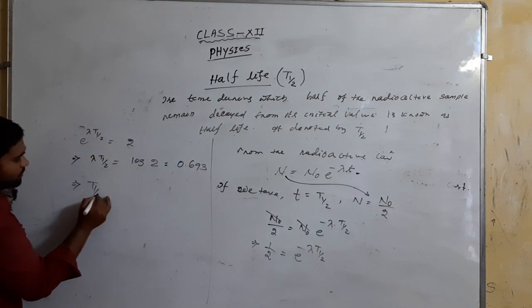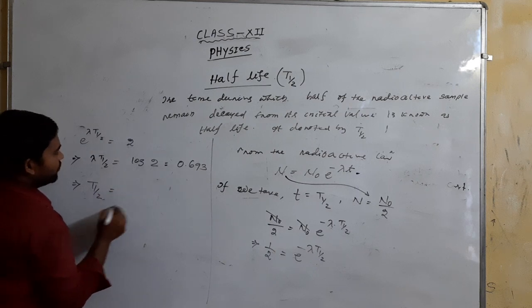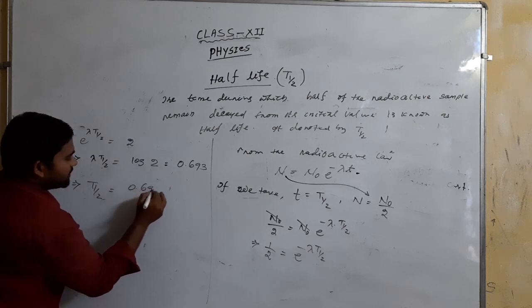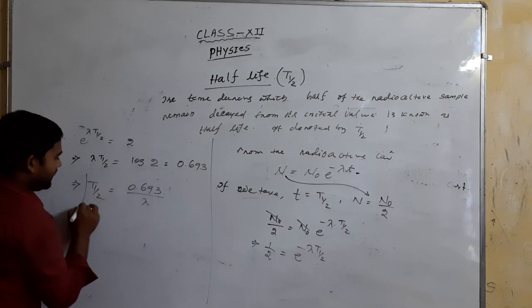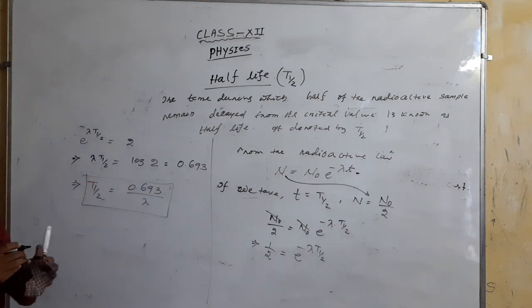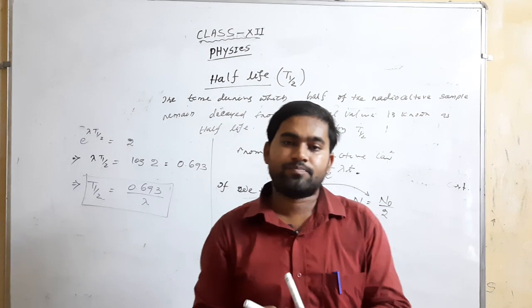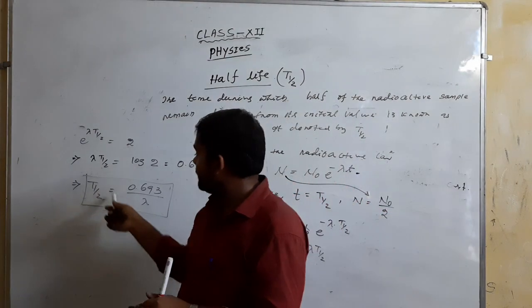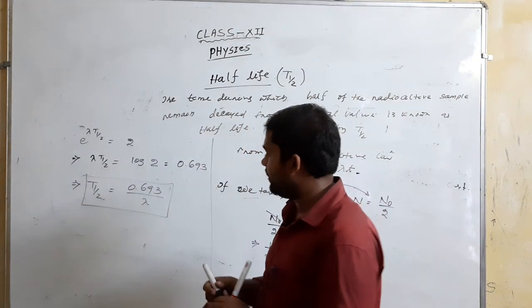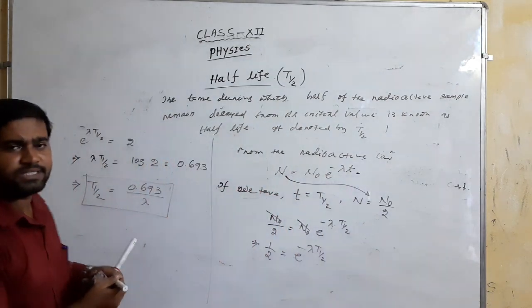So that implies T half equals 0.693 divided by lambda.